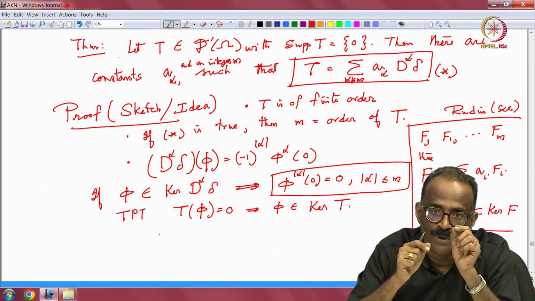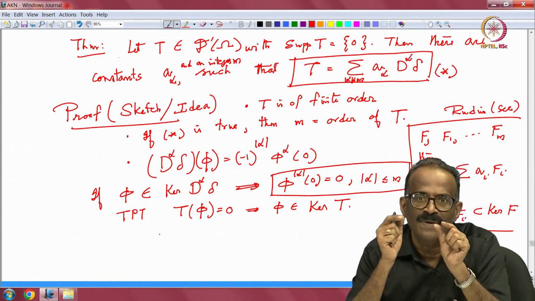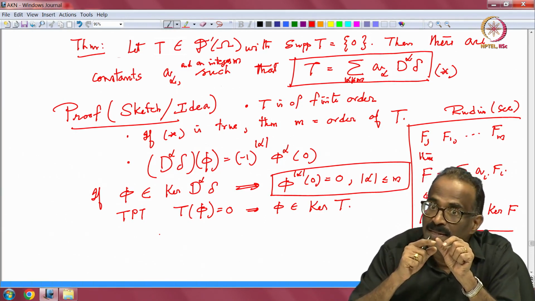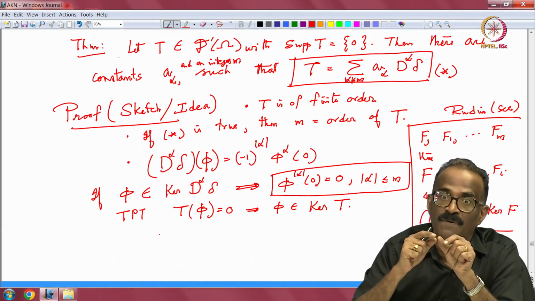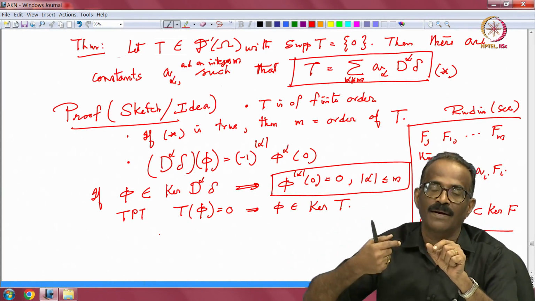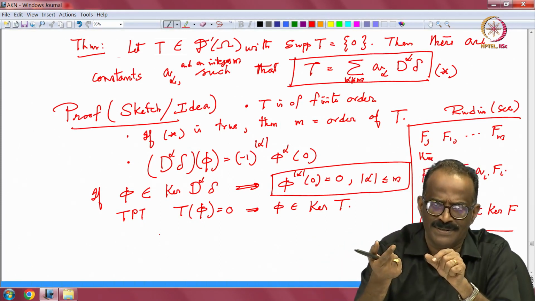And derivatives with modulus alpha greater than m will not contribute to T, because T is of finite order in the estimate.